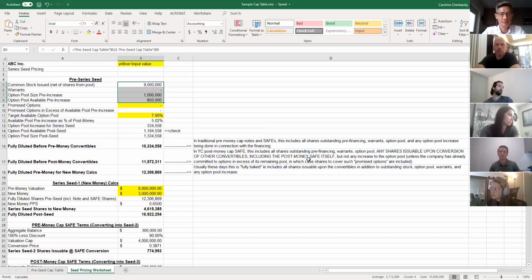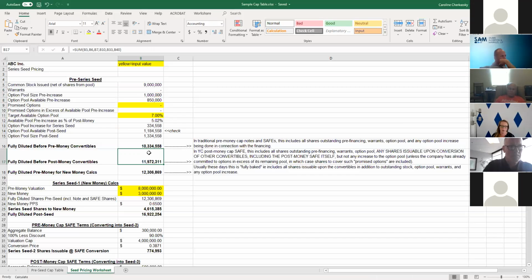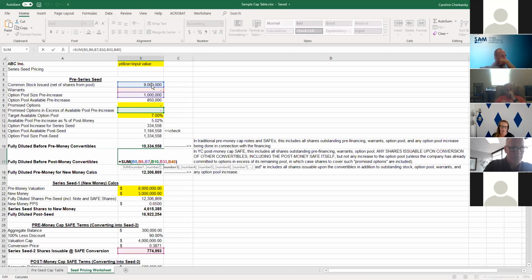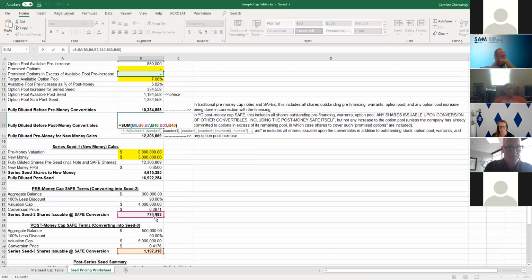So importantly, this number right here for any post-money safes includes not just all the stuff up here, but also the shares issuable upon the conversion instruments, including the one itself.